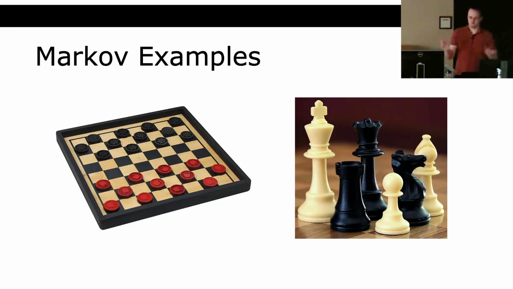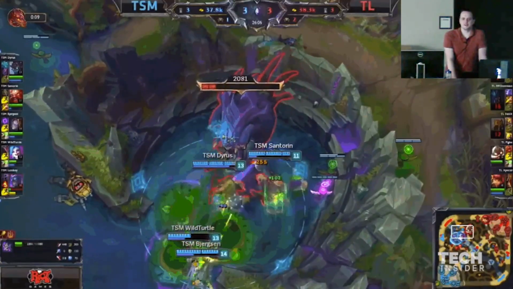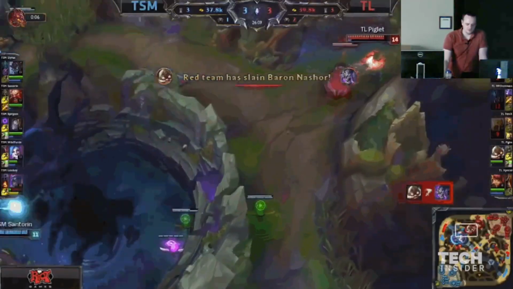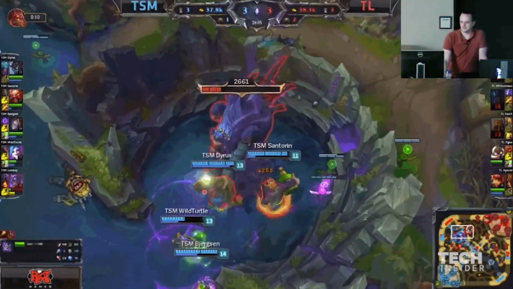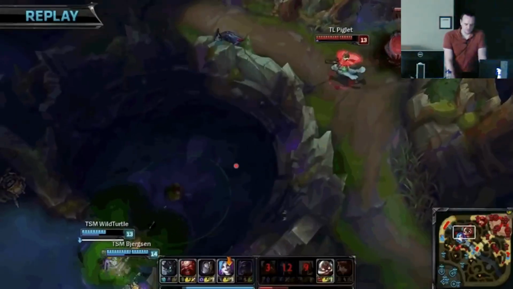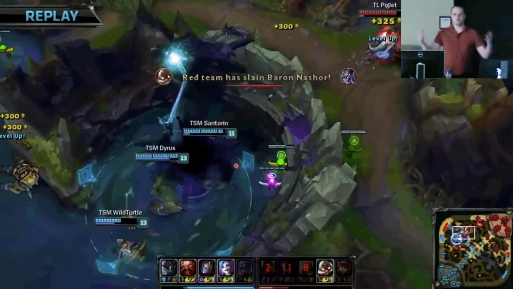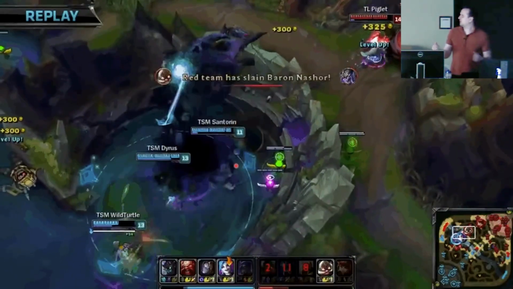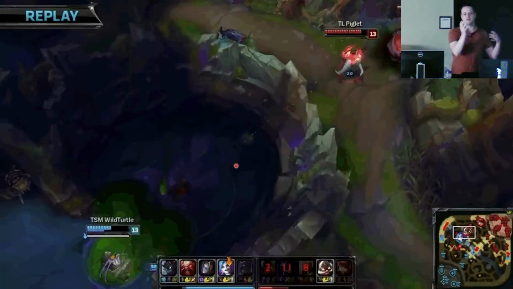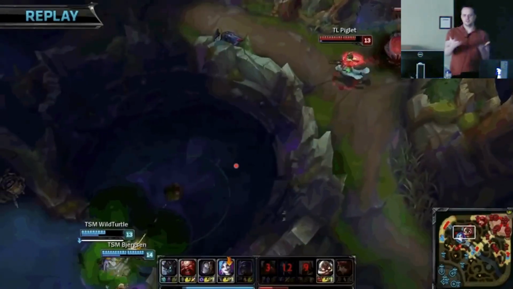I don't need to know what stone was placed on what piece first. It doesn't matter, right? But in some cases, it does matter, and we looked at this example back in one of the first lectures as well, where this guy playing League of Legends comes in and snipes the last hit on this objective. From his point of view, it looked like this. He had to combine a whole bunch of knowledge that he has about the game with the state history going back possibly even a few minutes in order to take this shot at the right time.